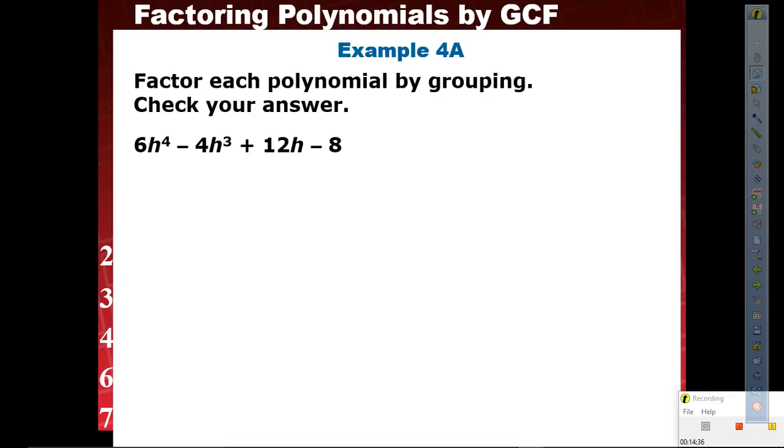I'm going to go over this process. Writing utensils down, thinking cap on. Look at this polynomial. Tell your neighbor one thing you notice about this polynomial, please.